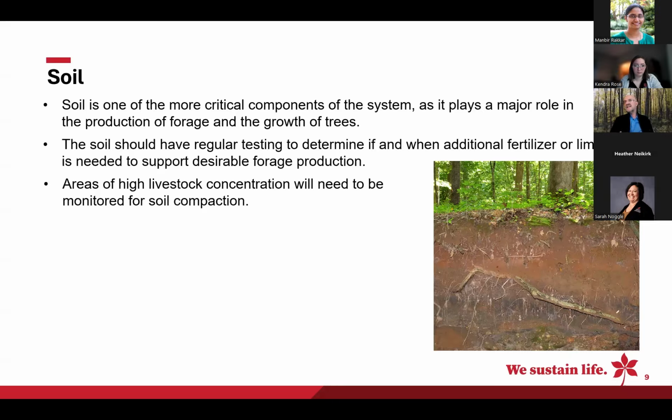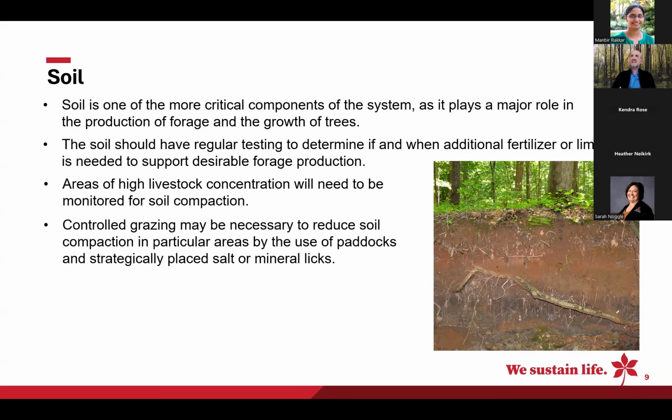Areas of high livestock concentration are going to need monitoring for soil compaction, okay? Because again, depending on tree species, compacted soil can create problems for roots even of trees. If they are very highly compacted, that actually can produce impediments to root growth and expansion.